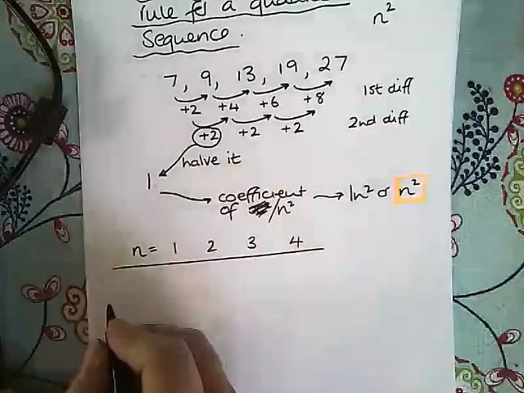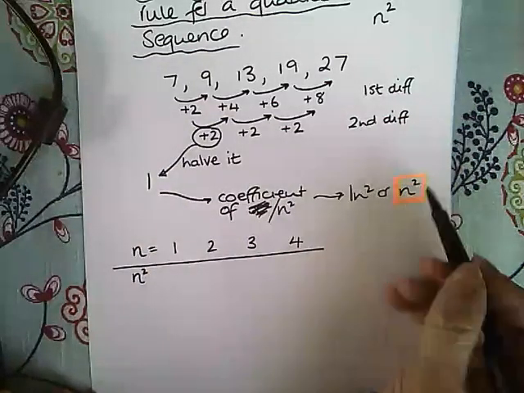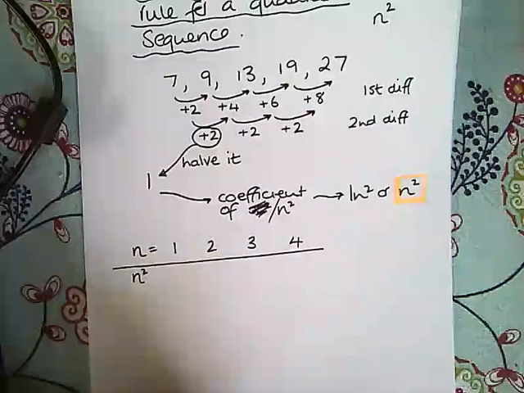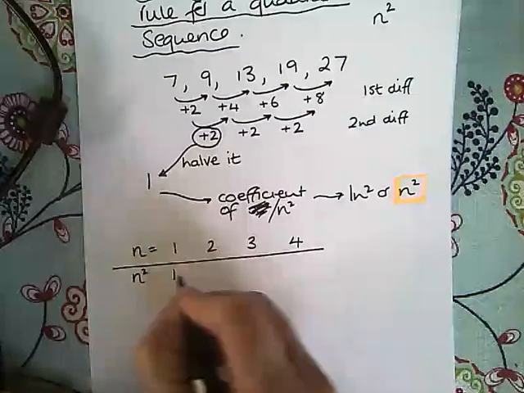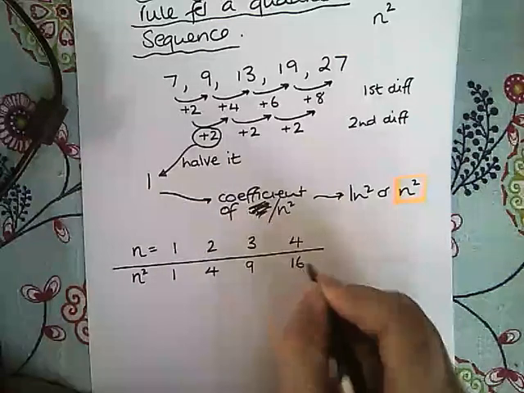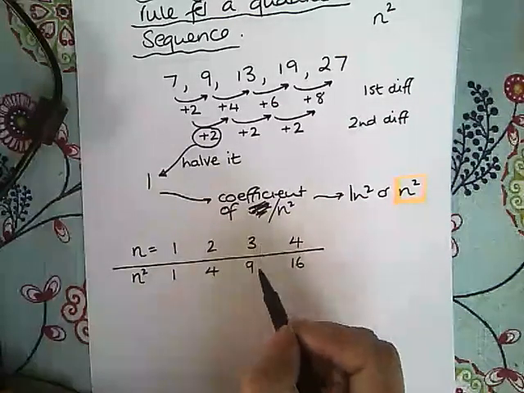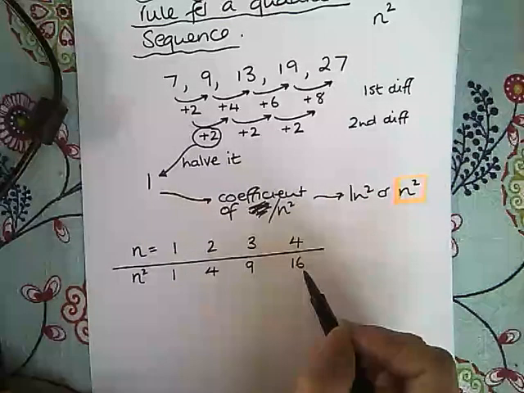Then we look at what n squared is, because I've already decided that I've just got one lot of n squared. 1, 4, 9 and 16. 1 squared is 1, 2 squared is 4, 3 squared is 9, 4 squared is 16.